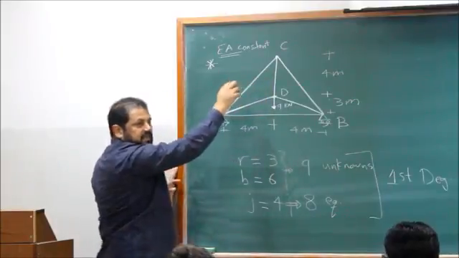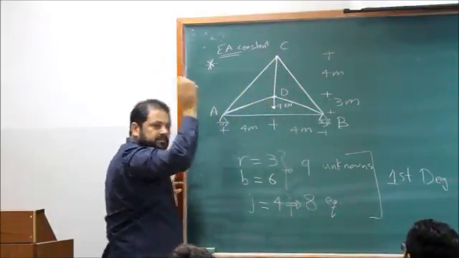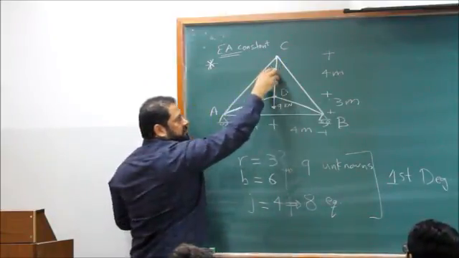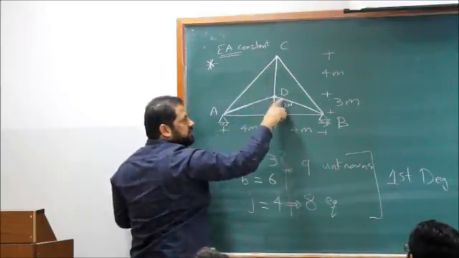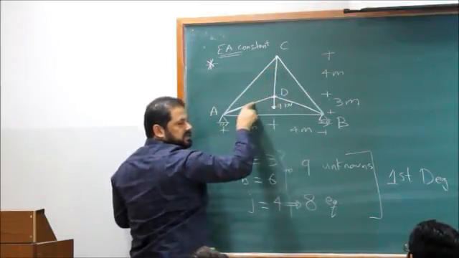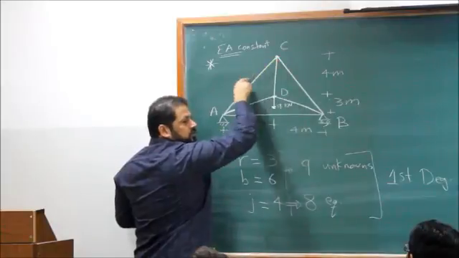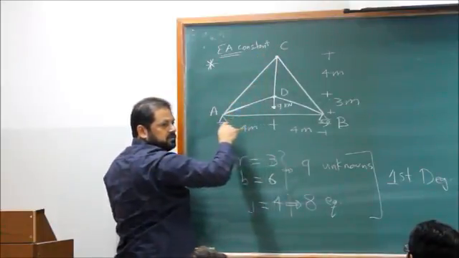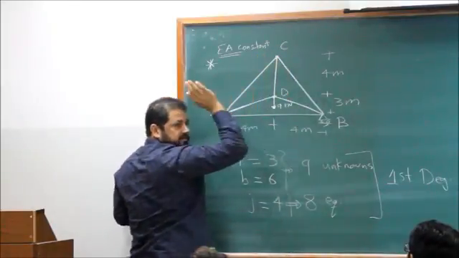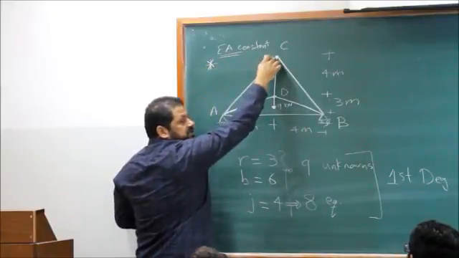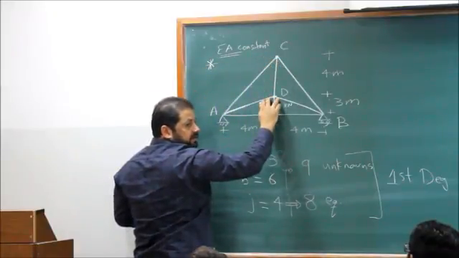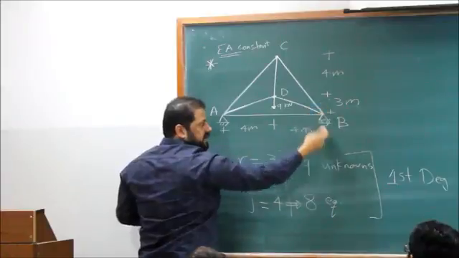When you select this as redundant, you are removing it. It's cheap. Why? If you remove this one, this joint will end up with 2 members, and this joint with 2 members, 2 zeros. If you remove this one, this will be 2 members, right? But this will stay 3. This one has the reaction.